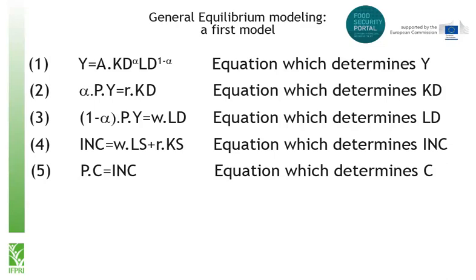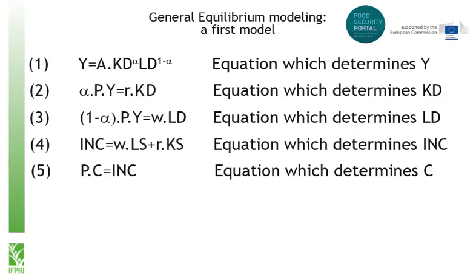So here this is interesting because in fact these are equations which express equilibrium on the three markets: 6 on the goods market, 7 the capital market, 8 the labor market.